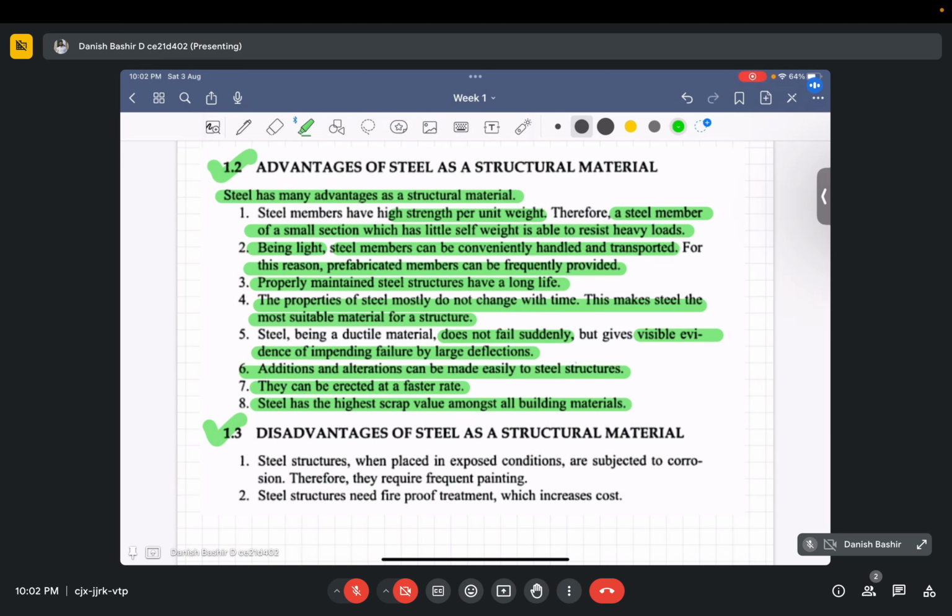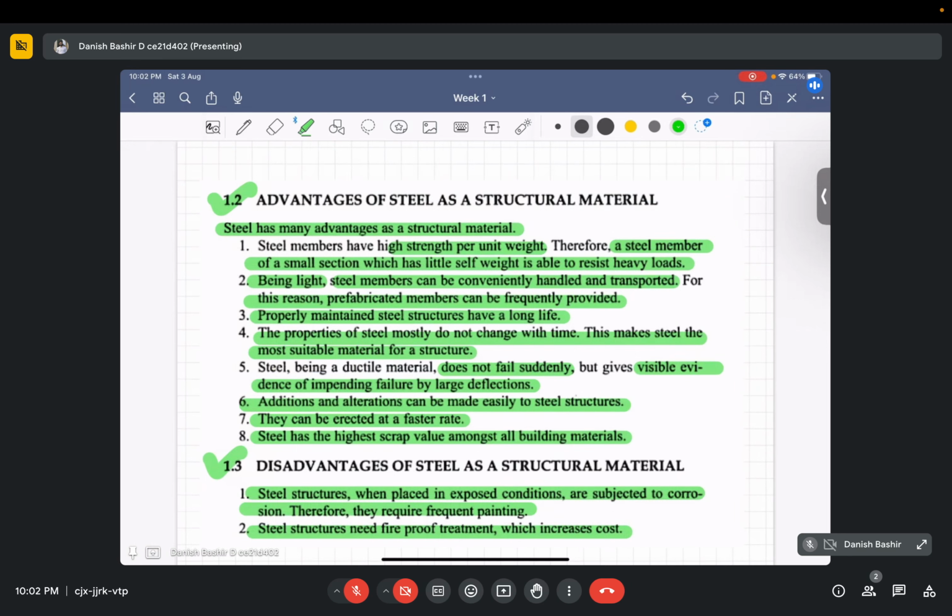All the steel members in our steel structure should be frequently painted because they are on the verge of corrosion if exposed to the external environment. One more important disadvantage is that steel structures need fireproof treatment, which increases the cost. They are very prone to fire hazard, so they need fireproof treatment, which increases the cost of steel structures.